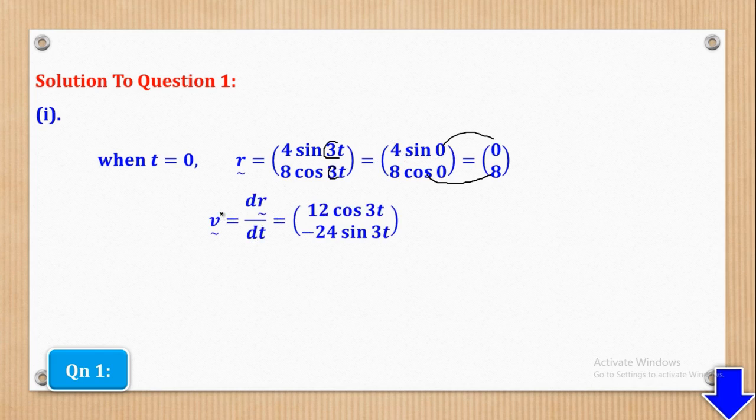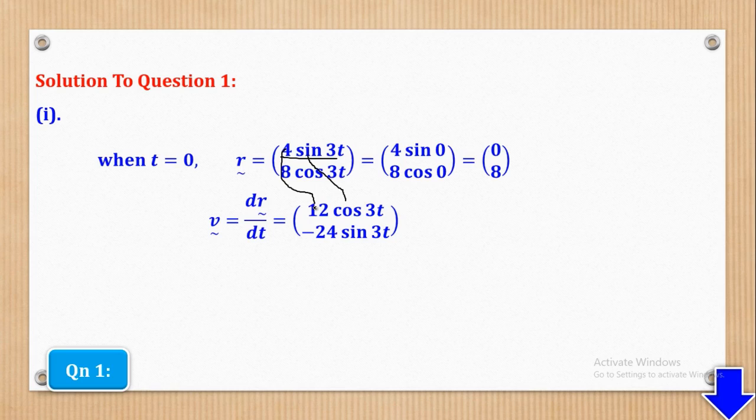Therefore, velocity is got by differentiating displacement, so v will be equal to dr/dt. When I differentiate 4 sine 3t, first of all, I differentiate the angle to get 3, so 3 times 4 gives you 12, which is here. Then sine becomes cos 3t.